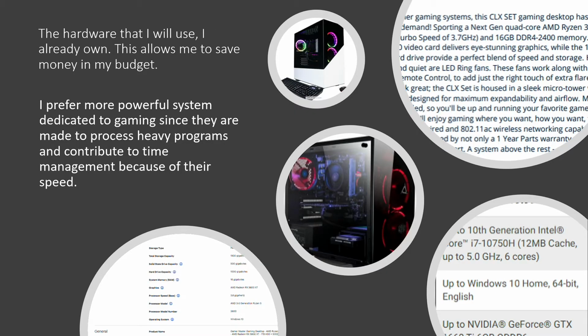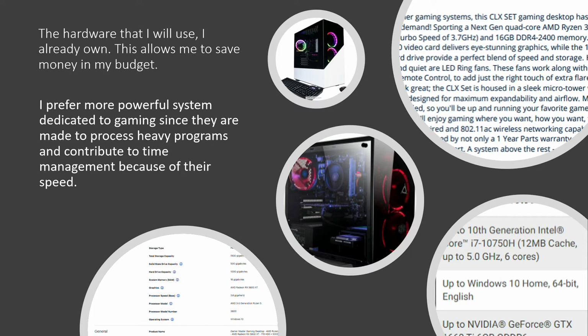Now, in order to perform duties at home, I already own the computers on the screen, which are usually gaming computers. They're pretty recent, and if I use these computers, that will save money from my budget to invest in something else like programs.